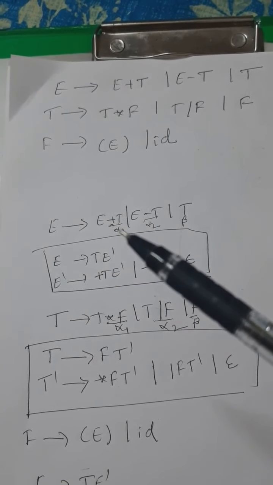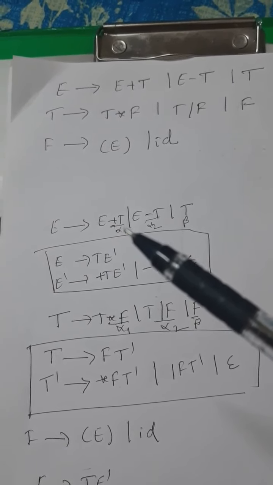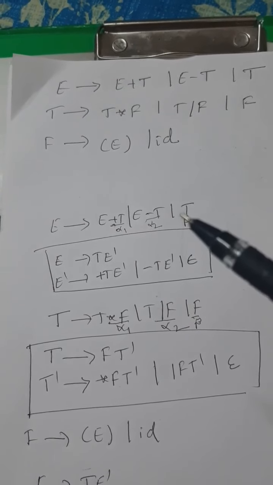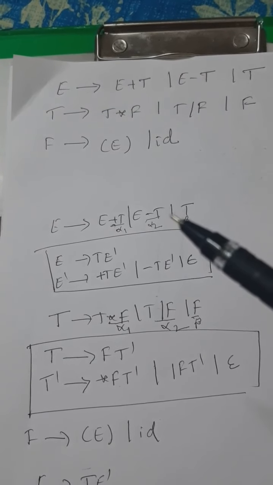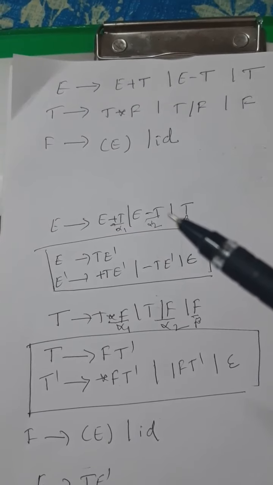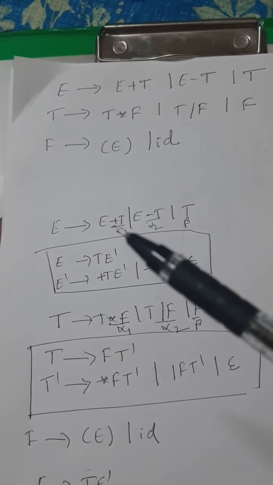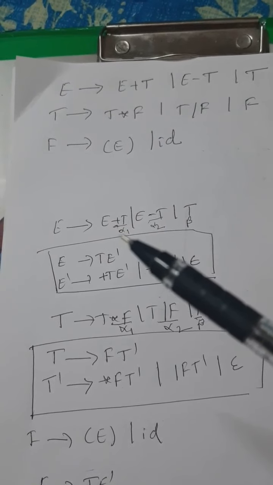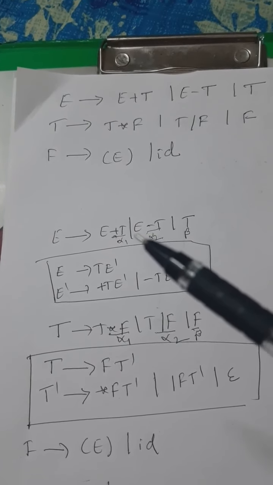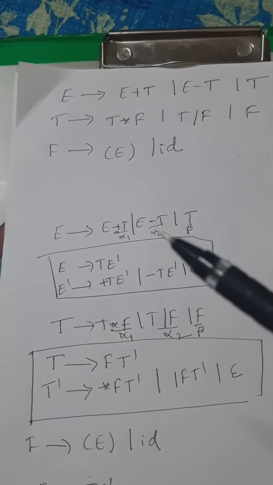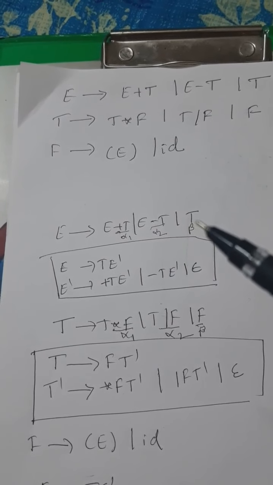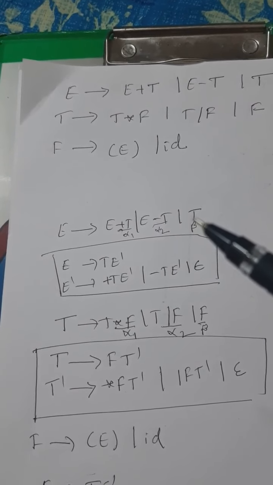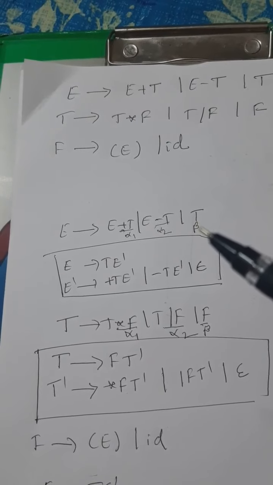Before I rewrite, I will mark the alpha and beta of the grammar production. This production has a left recursion. After this E, whatever is left out, I will mark as alpha 1. When I consider the second production, after E, whatever is left out, I will mark as alpha 2. And the production which doesn't have a left recursion, I will mark as beta.